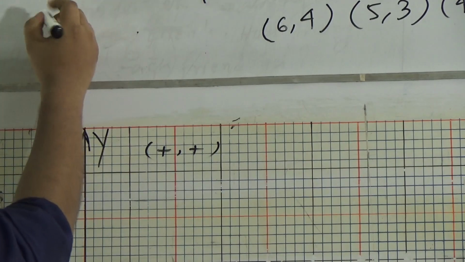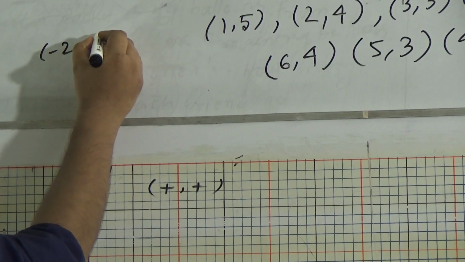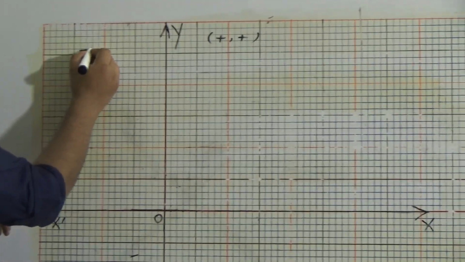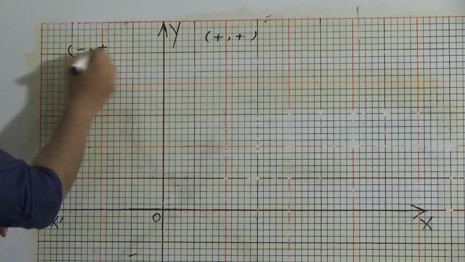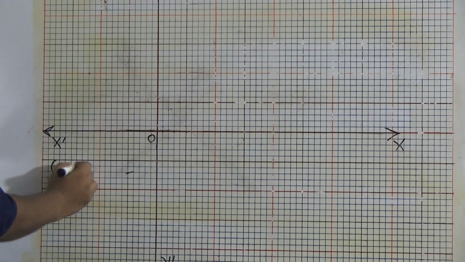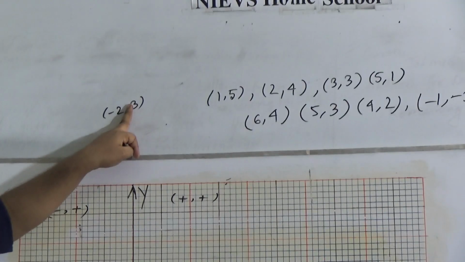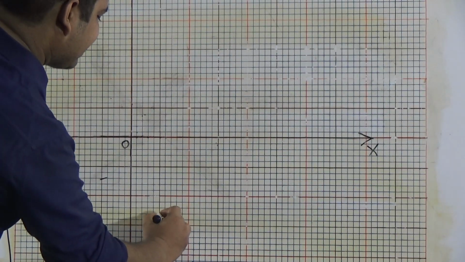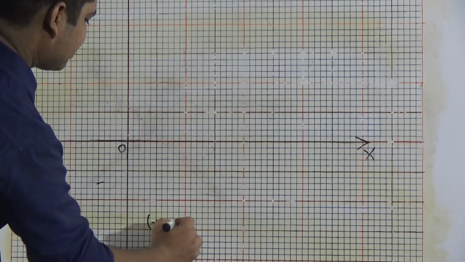If the point is (minus 2, plus 3), then this point is placed in this part. That means minus plus. Okay. And if the point is (minus 2, minus 3), then this point is placed in the third part. If the point is (plus 2, minus 3), then this point is placed in the fourth part. Okay.